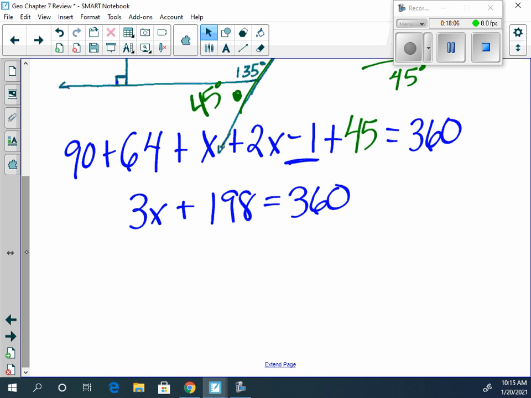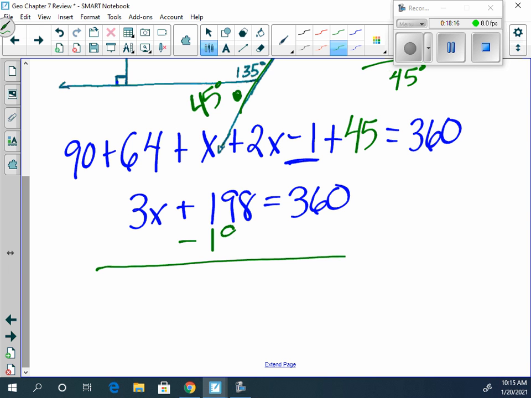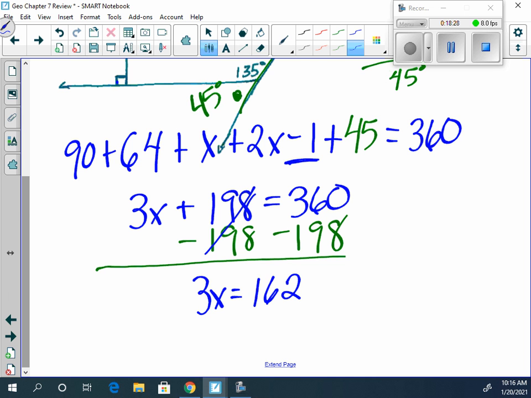So it's 90 plus 64 plus 45 minus 1 should give us 198. Now at this point here, we would subtract 198 from both sides, because these would cancel. The 3x is equal to 162.